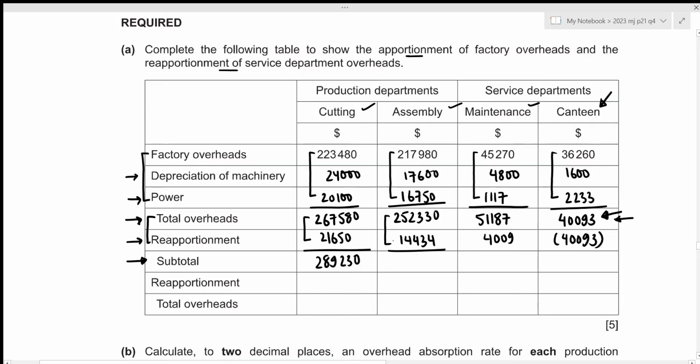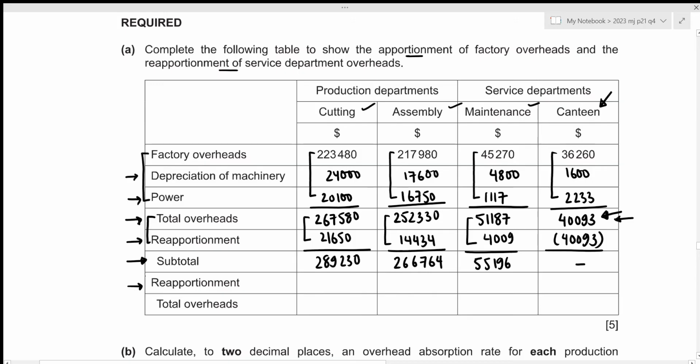For assembly department, that will be 252,330 plus 14,434, which results in 266,764. For maintenance, that will be 51,187 plus 4,009, which results in 55,196. And for canteen, the total is just going to be 0 now.